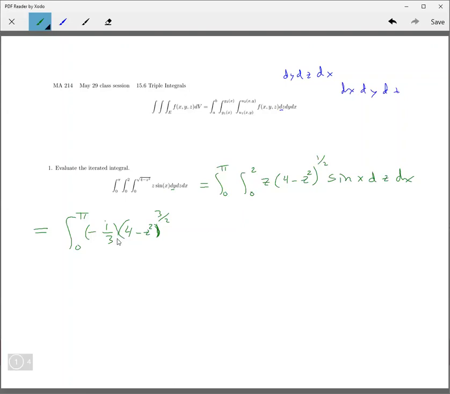So it's negative 1/3 times 4 minus z squared to the 3/2 times sine x, going from z equals 0 to z equals 2. Okay, this is interesting. When you put a 2 in for z, you get 0. Wow, that's nice. And when you put a 0 in, you get 4 to the 3/2, which is going to be 8. So that's 8/3.